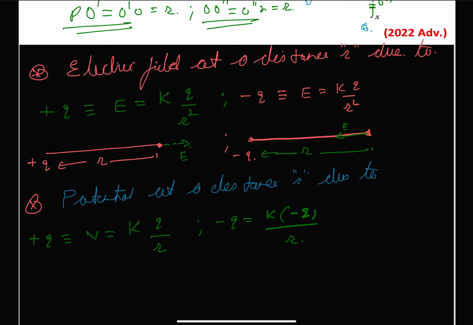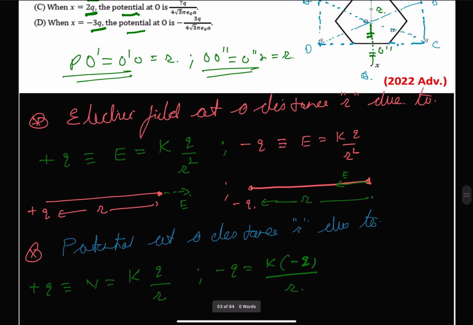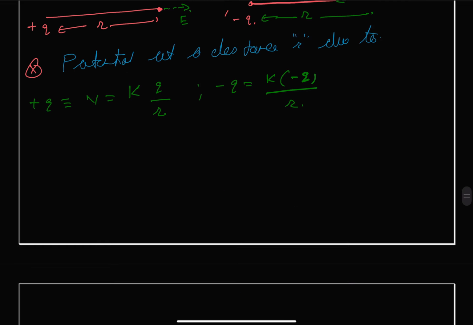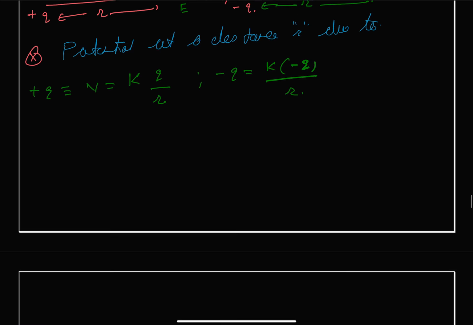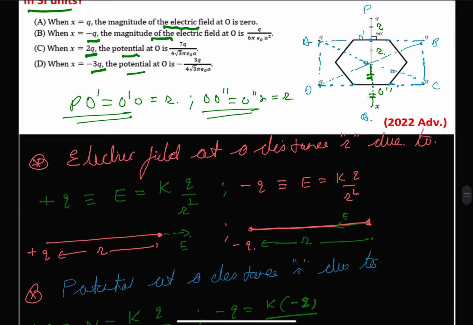So if we see clearly, let me draw the figure. We have these four charges at A, B, C and D, and they are all positive charges.